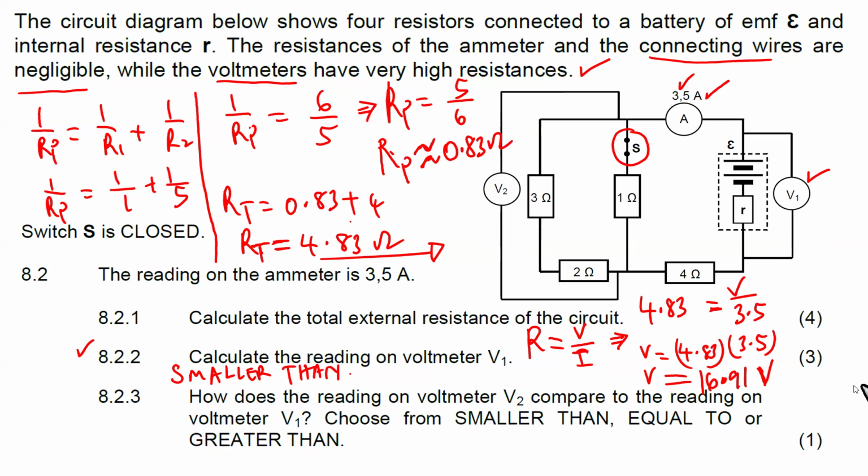So in this case, the reading on voltmeter V2 here is actually smaller than the reading on the voltmeter V1. Right, it is actually smaller than.